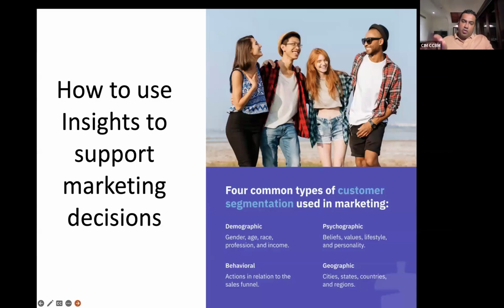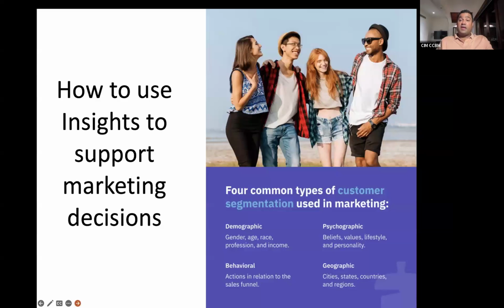We call that demographic segmentation. Demographic means you will segment a market based on demographics, personal factors, right? Demographics means personal factors like your gender, your race, your religion, your profession, your income. So you can segment the market based on that.